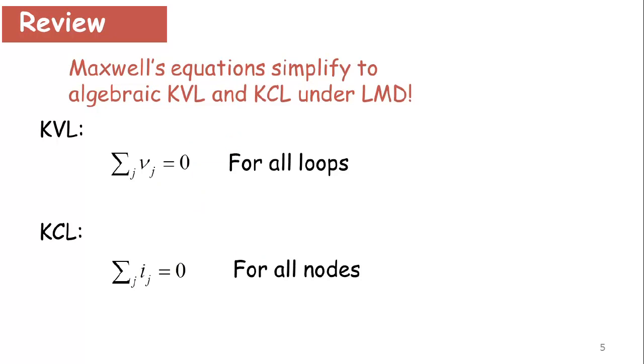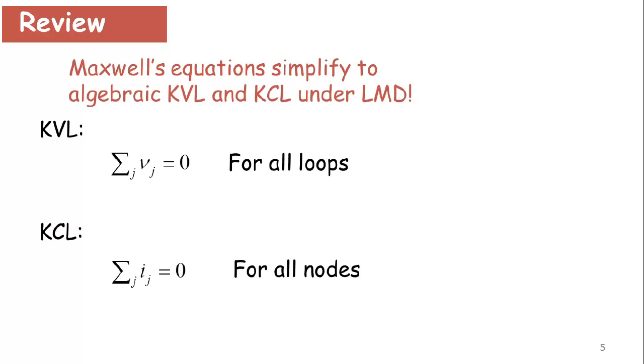Now, as we made the transition from physics to EECS by adhering to the lumped matter discipline, I had discussed in the last sequence that Maxwell's equations turn into very simple algebraic equations, and these are captured by Kirchhoff's voltage and current laws, called KVL and KCL.